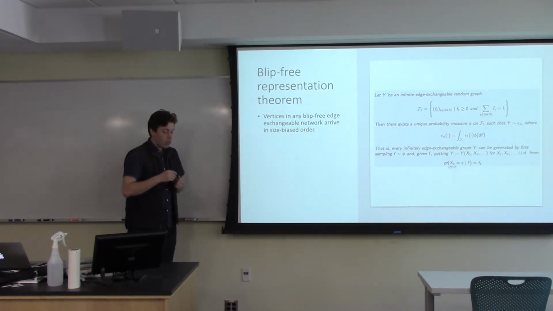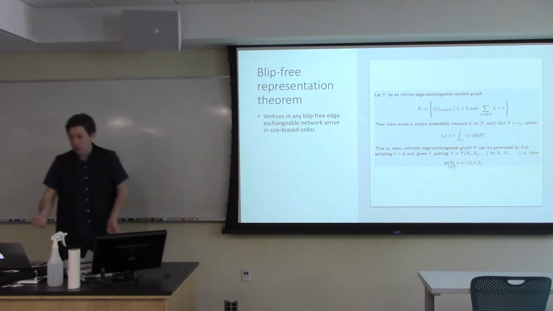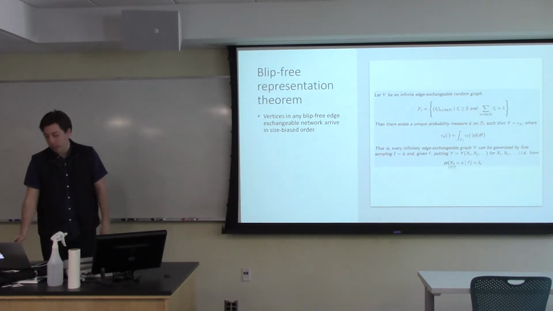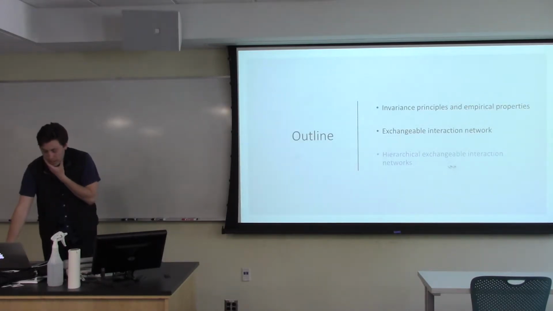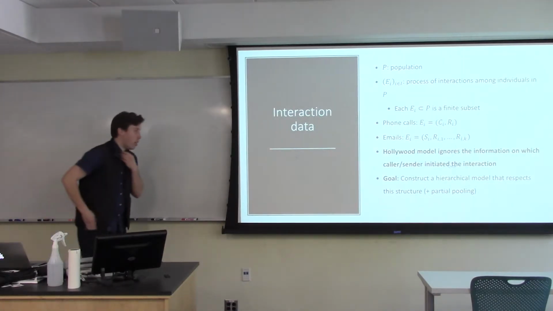And the reason it's important is just because we're trying to move towards more complicated network structures, but not break the foundational stuff that we worked on. So this is this idea of hierarchical exchangeable interaction processes.